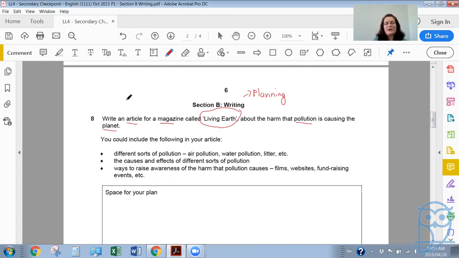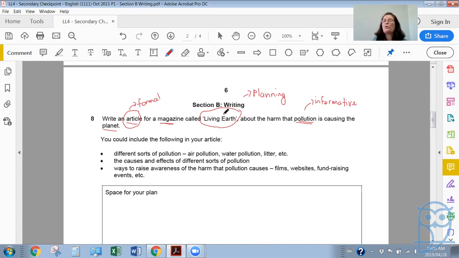You have to pretend that you are a journalist writing this article. It's a magazine article about pollution, so it's going to be an informative article. You are going to give people information, so it has to be relevant information. And an article can be quite formal.